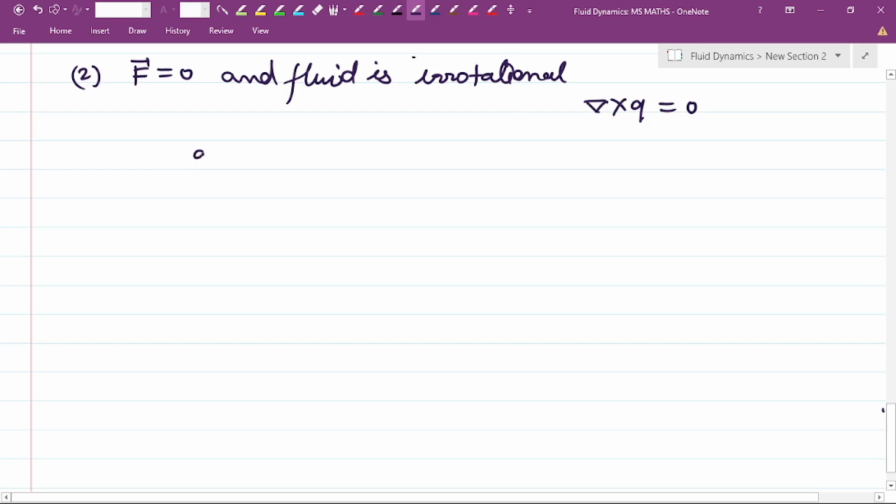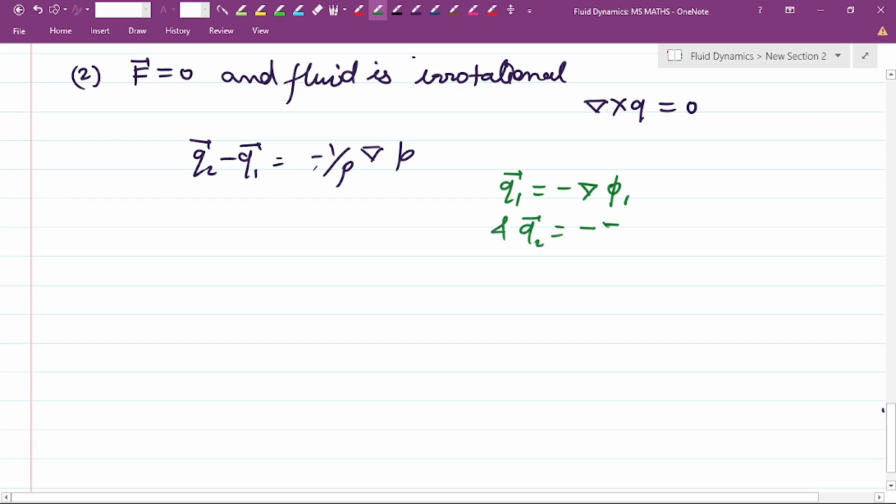It means I can write q2 minus q1 vector, when f is 0, as 1 upon rho delta p, taking the scalar function in such a way that q1 vector is equal to minus delta phi 1 and q2 vector is basically minus delta phi 2. The potential functions are here, so that we can write delta phi 2 minus delta phi 1 is equal to minus 1 upon rho delta p.